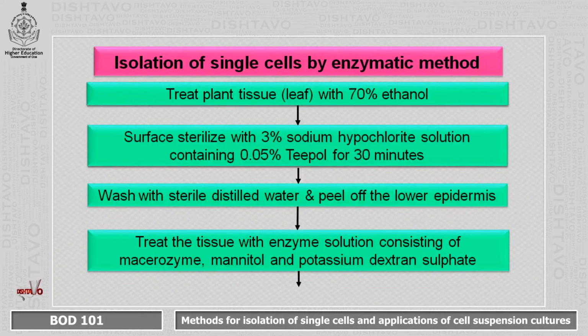Wash with sterile distilled water and peel off the lower epidermis. Treat the tissue with enzyme solution consisting of macerozyme, mannitol and potassium dextran sulfate.